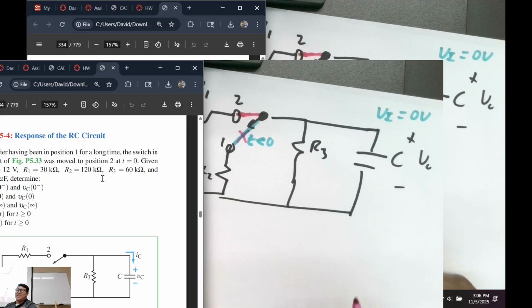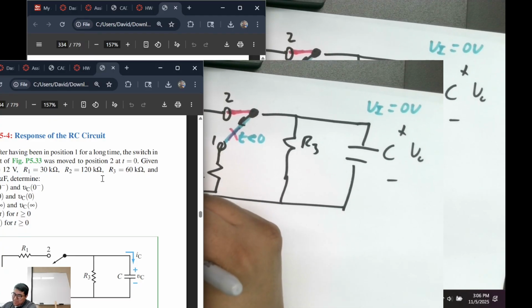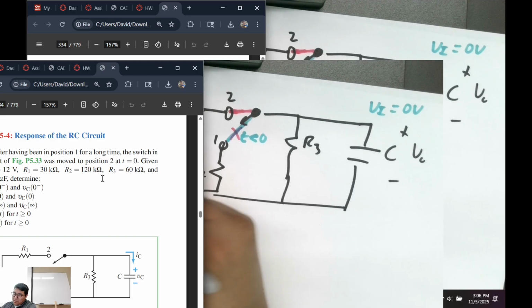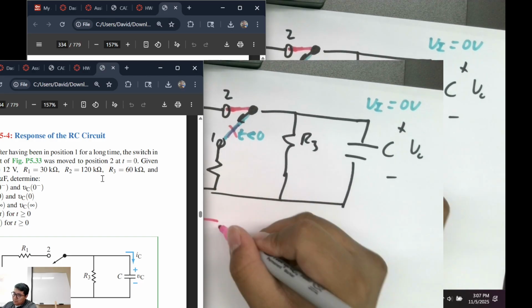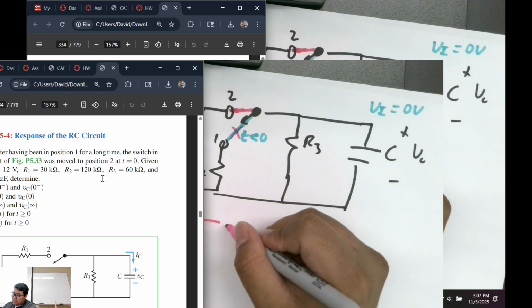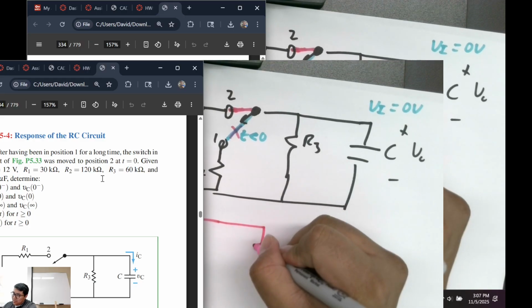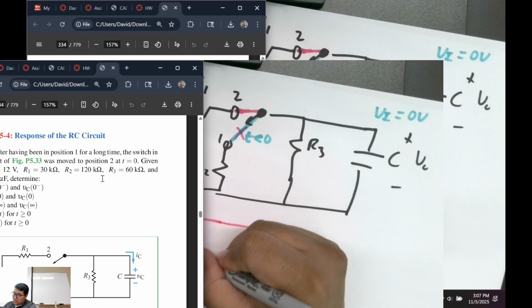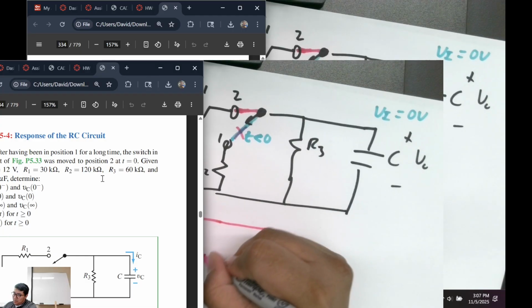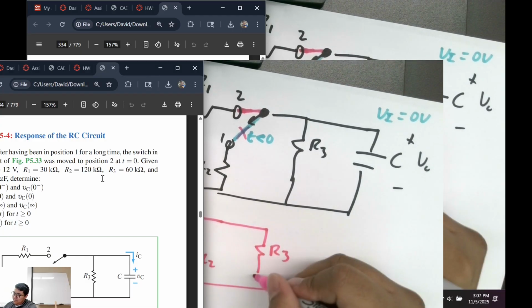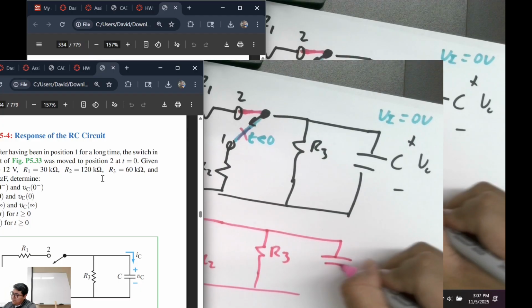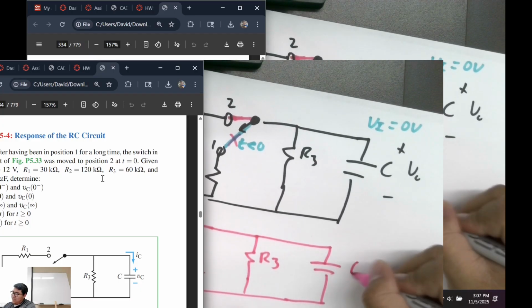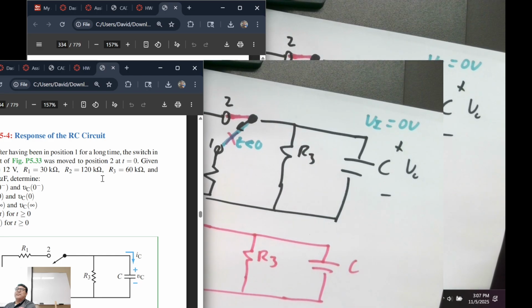Let me rewrite the circuit because I don't like seeing all this clutter. 12 volts, and we have R3 right here, and I'll just put R2 in just in case. Is that good with everybody?